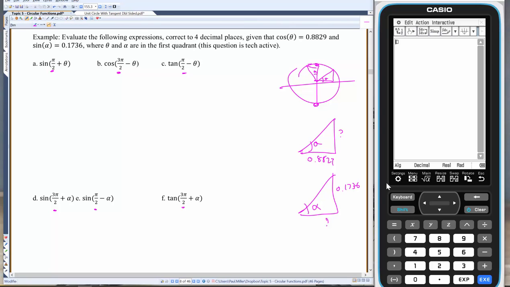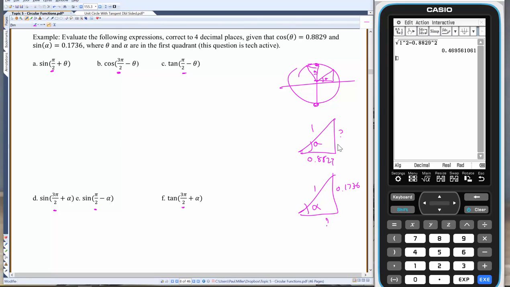Okay, so to do these unknowns, what I'm going to do is use Pythagoras' theorem. I know that that's one. I'm just going to slam them both into Pythagoras' theorem, which is the longest side squared take away the square of the known shorter side. Is that 0.8829? Yep, all squared.